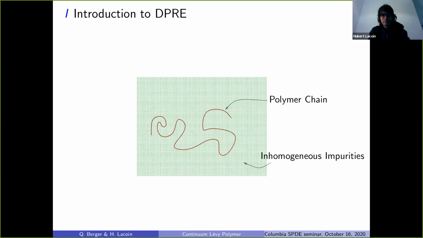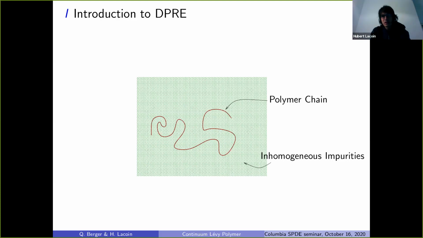It's a model that is supposed to account for the following physical situation. We have a polymer, which is a long one-dimensional molecule, which lives in a higher dimensional solution. In this solution, you have impurities. Some of these impurities will attract the polymer chain, some others will repel it.